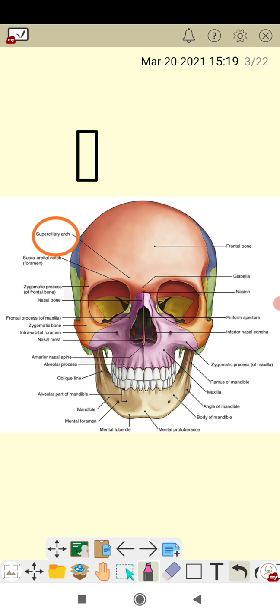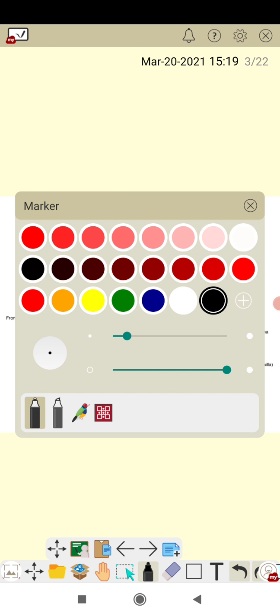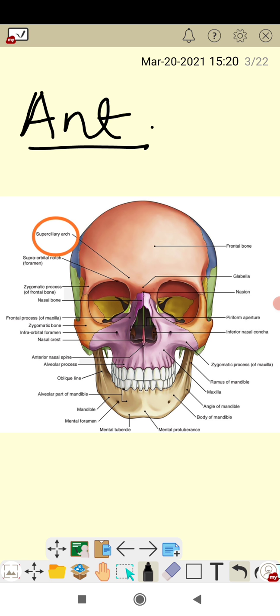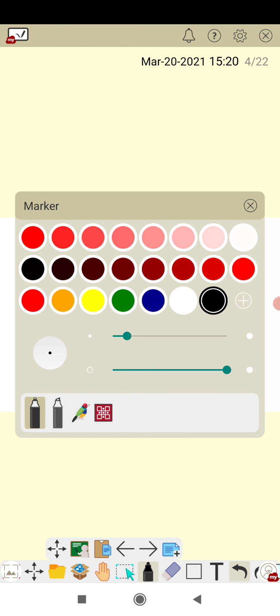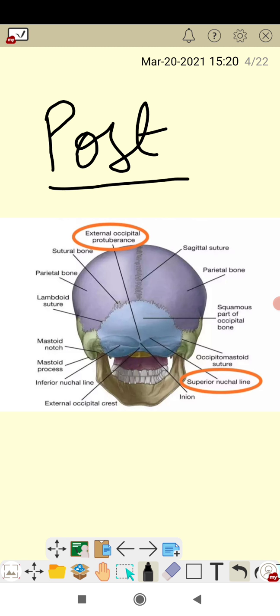Anteriorly, it's superciliary arches. Up to here, scalp extends. Now, posteriorly, scalp extends up to external occipital protuberance.